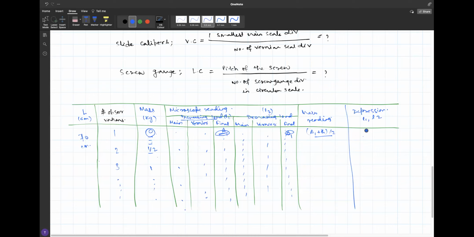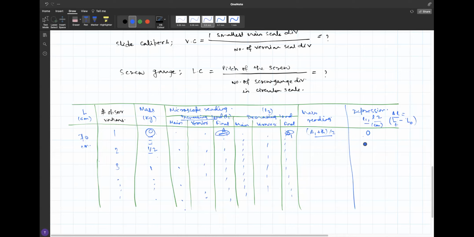So this will tell you a little bit. You should get a 0 value here. So the depression we are calculating is L minus the new change. So this is delta L, which is L final minus L original. This is what I'm calling depression. So with no mass, you will have 0, but as you increase the mass, it will increase.